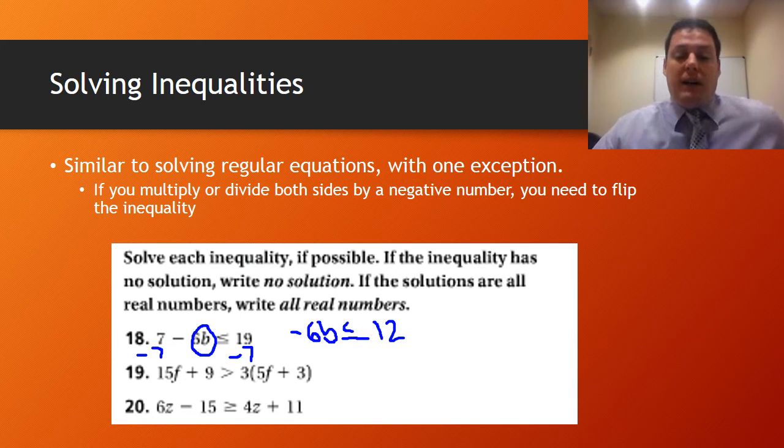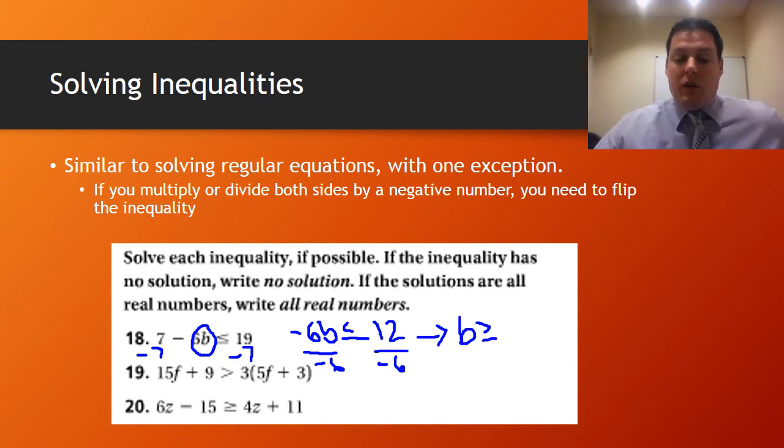And then we divide by -6. And when we divide by a negative, we flip the sign with inequalities. So that turns into b is greater than or equal to -2. And then that is your answer.